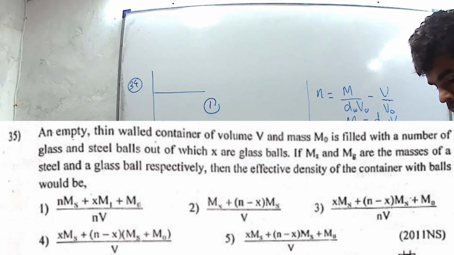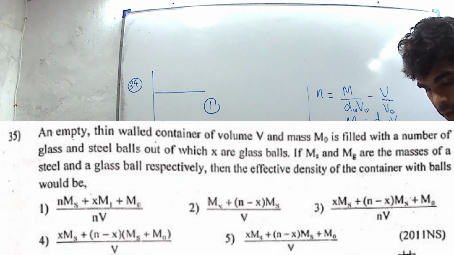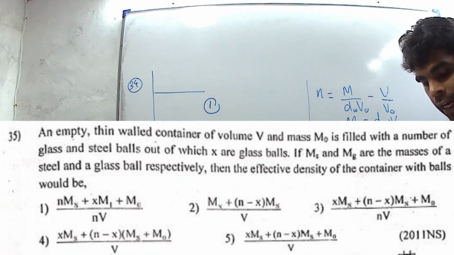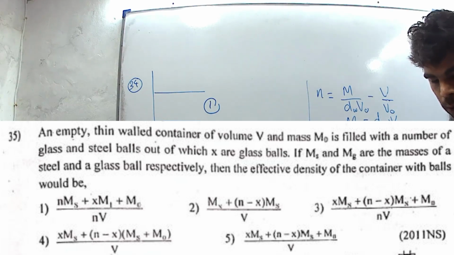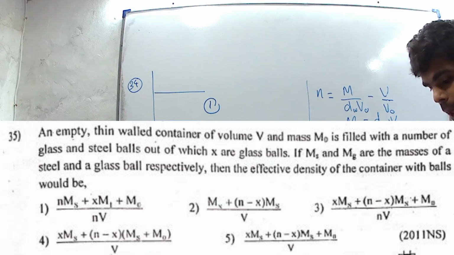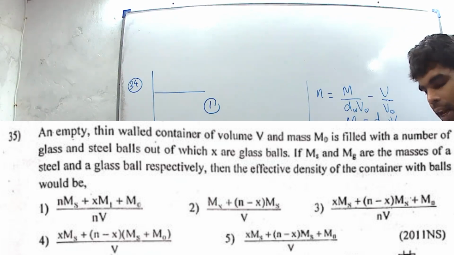There is a small problem. In the first sentence, thin-walled container of volume V and mass M0 is filled with n number of glass and steel balls. N number of. It should be changed. Out of which X are glass balls.